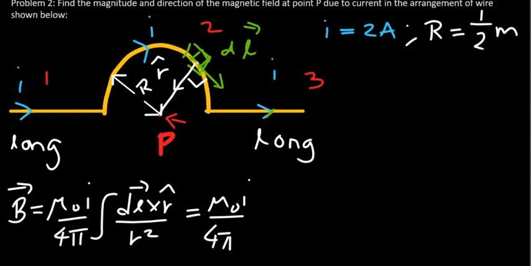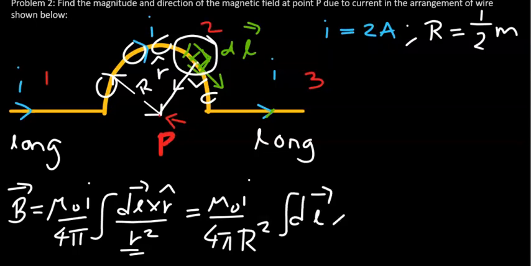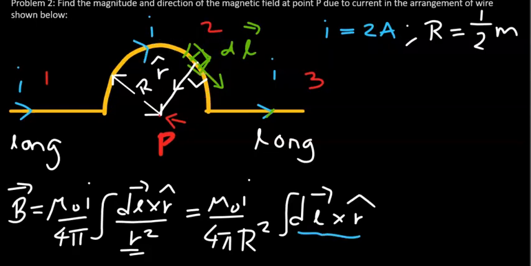The distance of a length element, doesn't matter where it is, whether it's here or here or here or here, to the point P is always the same as the radius of that semicircular loop. So this little r is quite simply constant and taken out of that integral, and you get that expression. Again, the magnitude of this integrand is quite simply dl, and the integral of that is the length of that semicircular loop, which is pi times the radius of that semicircular loop.